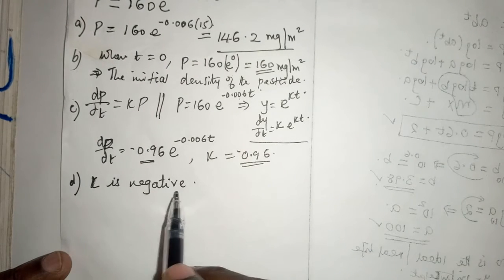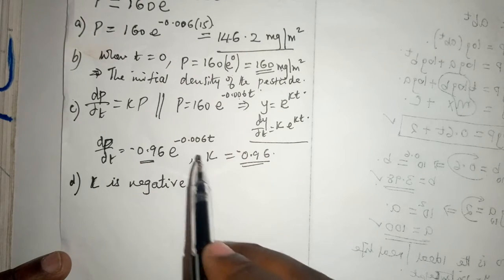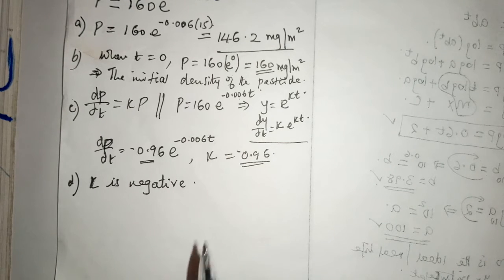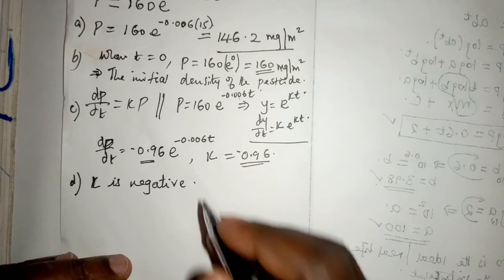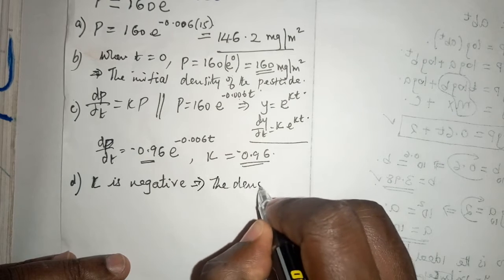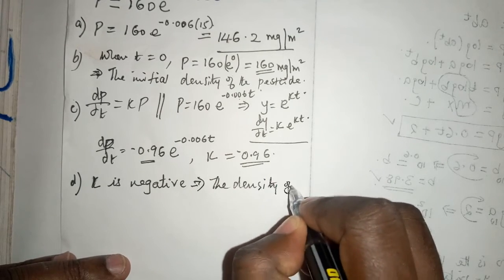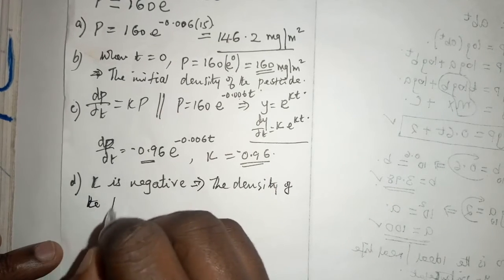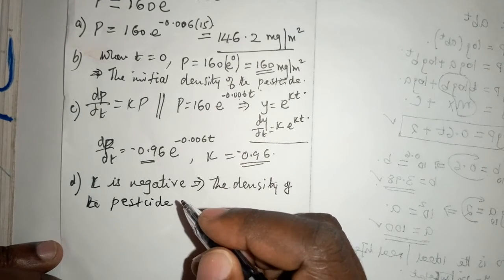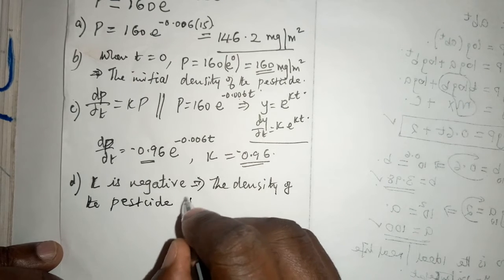And now that k is negative, simply because our index was also negative, this is simply to say that the density of the pesticide is decreasing.